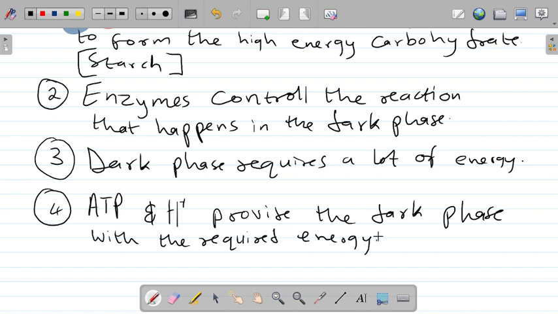And once that happens, the only product of the dark phase is what? Glucose. C6H12O6. That is what happens.